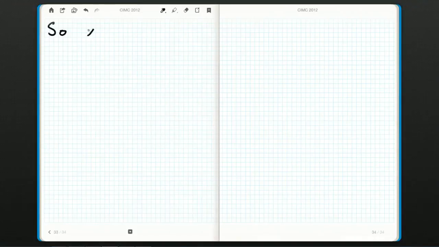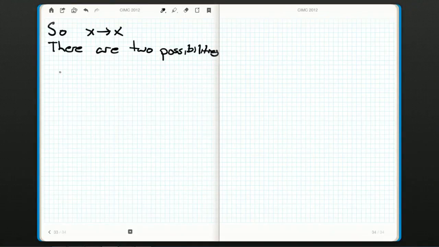Using their notation, we have x goes to x.